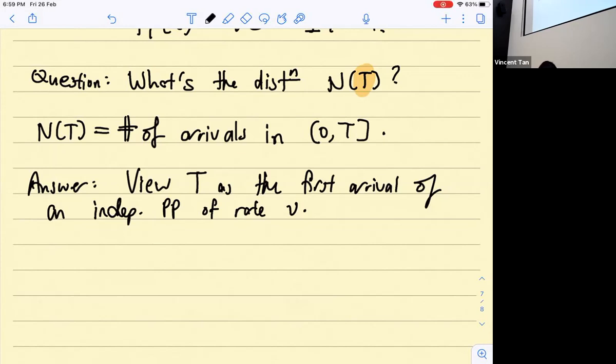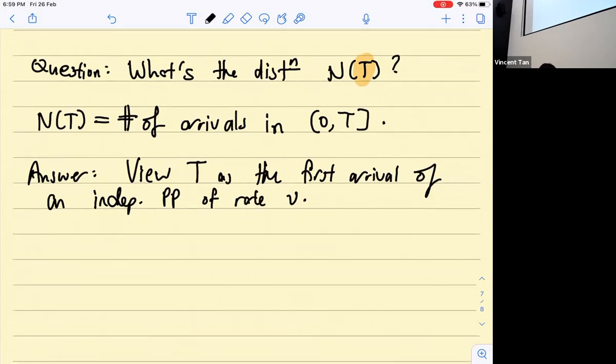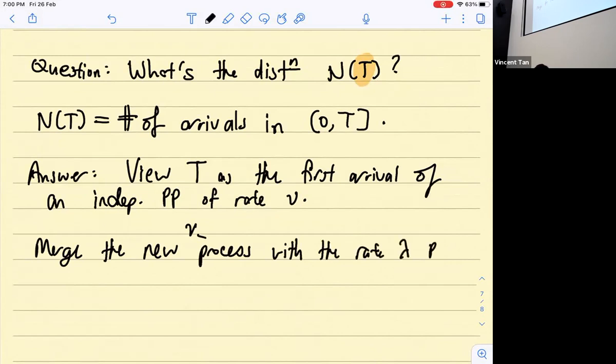All right. So we can view this and merge a new, independent process with the old one, the rate lambda Poisson process.